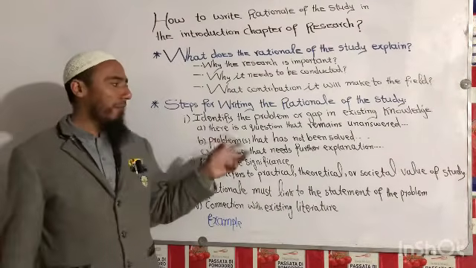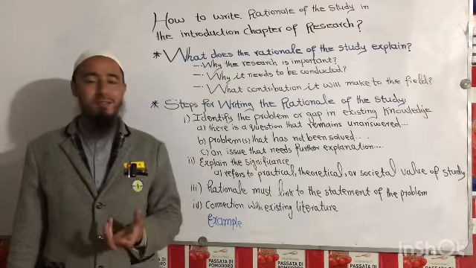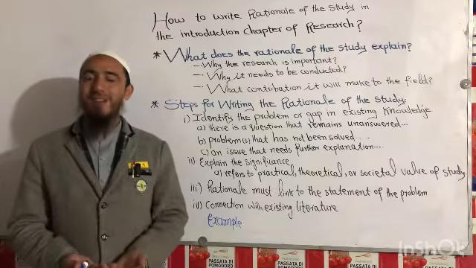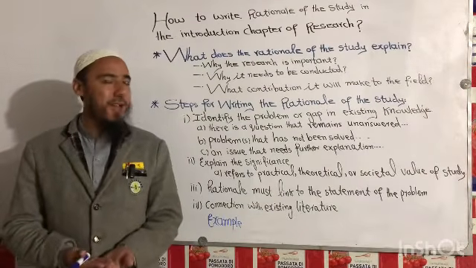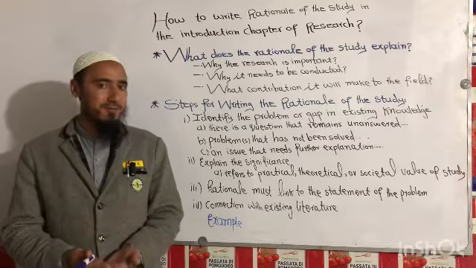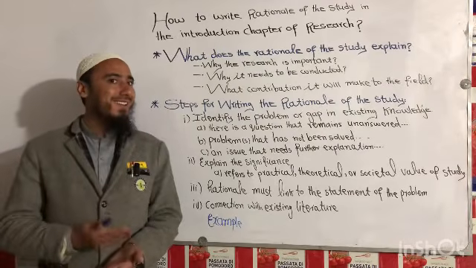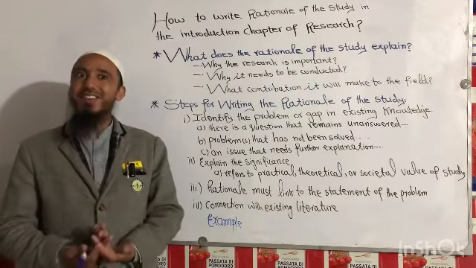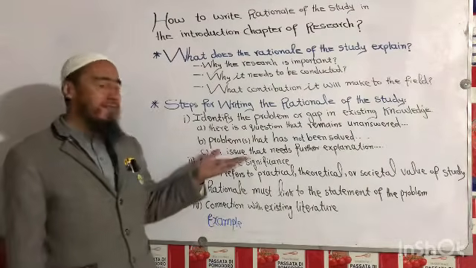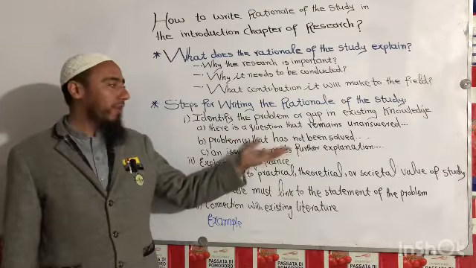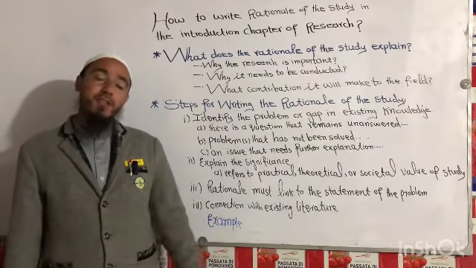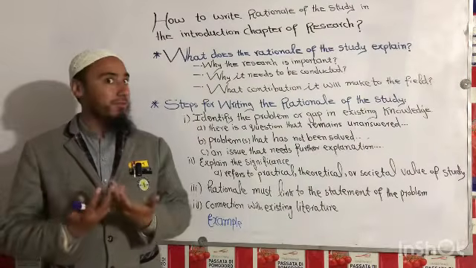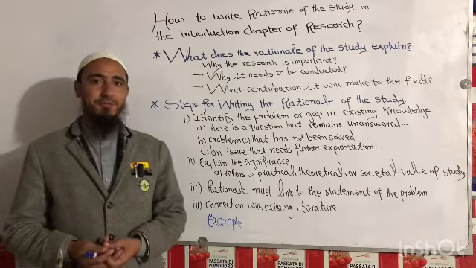And sometimes a problem that has not been solved. The problem has been already identified, but it has not been solved. So that can be a research gap. That can be a research problem. That can be something that needs to be answered. That can be conducting a research regarding that. And sometimes there can be an issue that will need further explanation, because when an issue is not explained, then the solution of it is not possible.